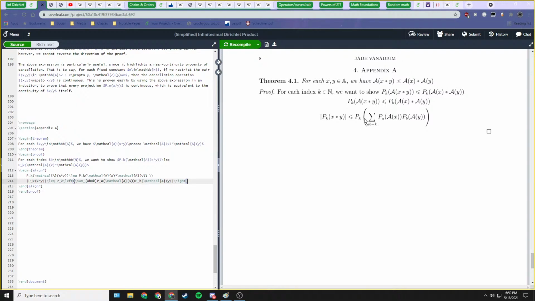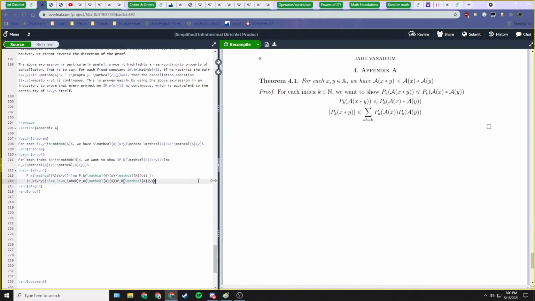So we want to show that this absolute value term is less than or equal to that absolute value term. Actually, I don't need the projection anymore, sorry. That is the projection. There we go. We want to show that this summation is less than or equal to that.